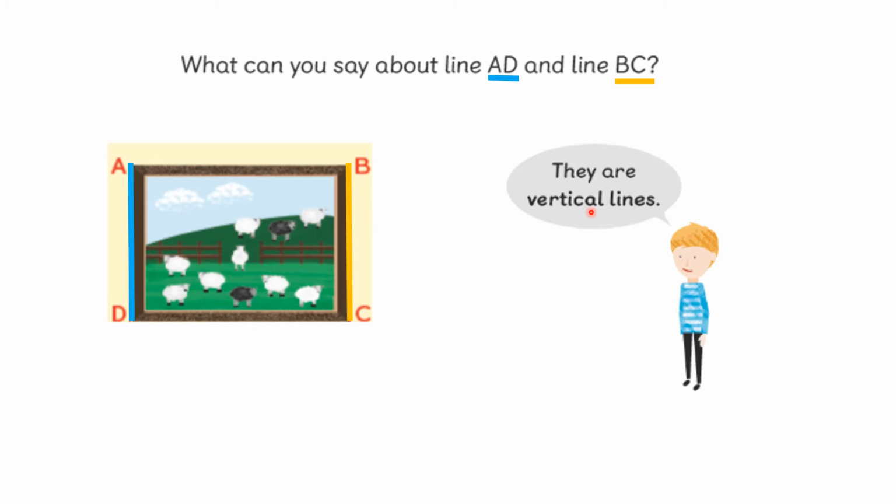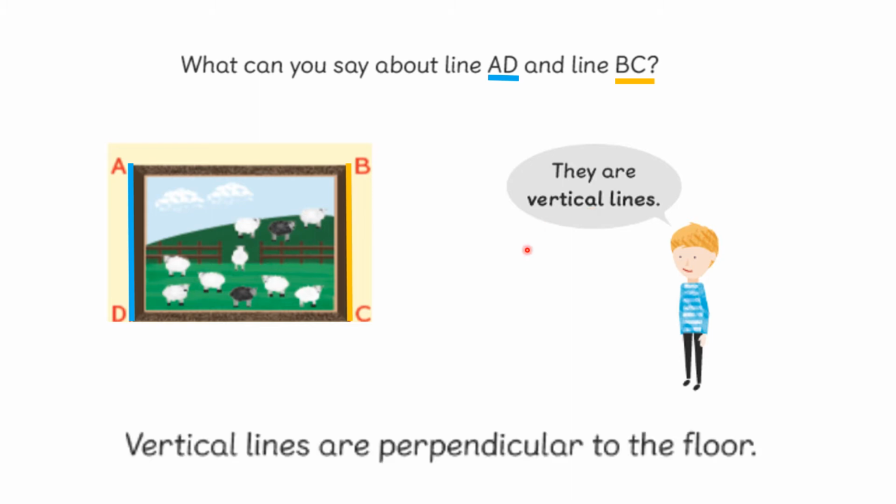We can use the word vertical to describe lines that are perpendicular to the floor. In the picture, you can see the floor is here and line AD is perpendicular to the floor. So we can describe line AD as a vertical line.